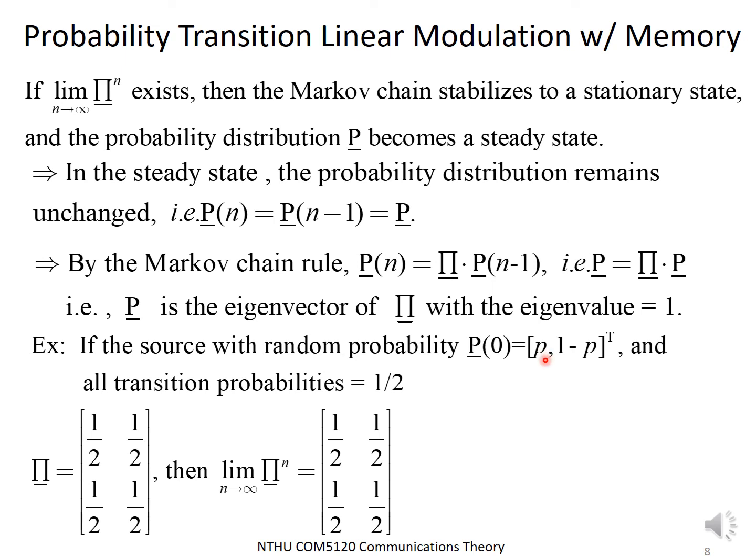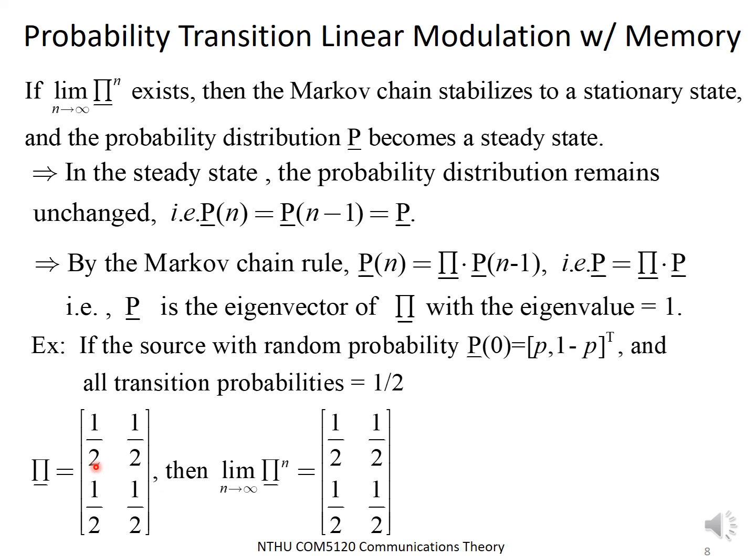That is the probability of being 0, and 1 minus p is the probability of being 1. And then assume that all the transition probabilities are 1 over 2. That means this is the Markov transition matrix.